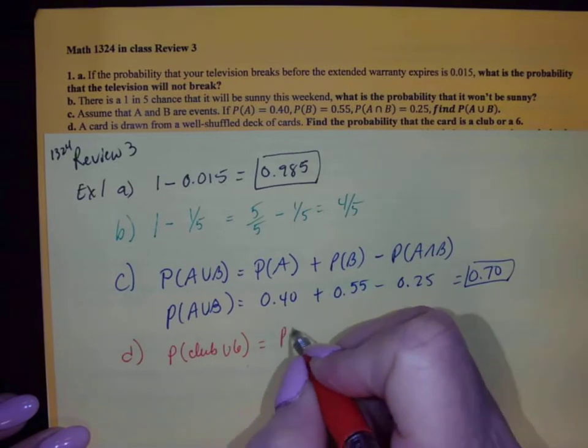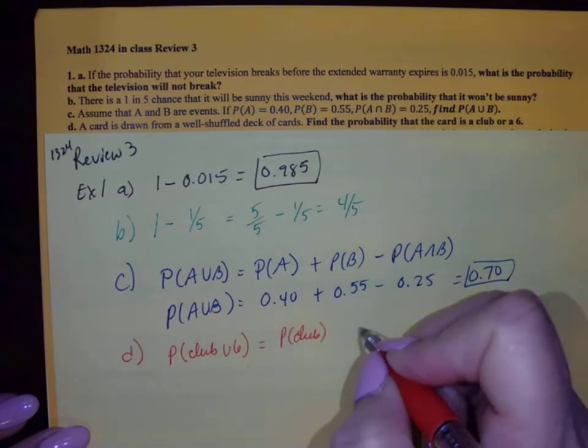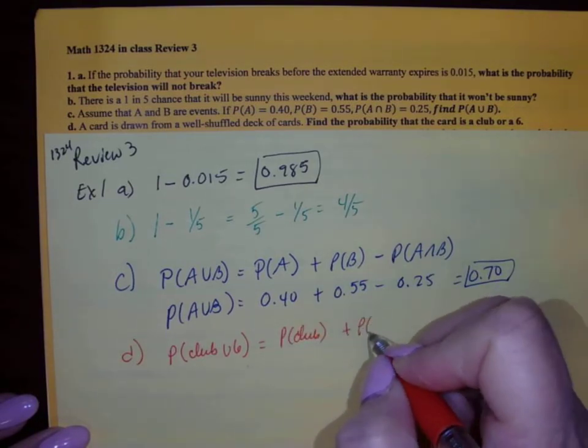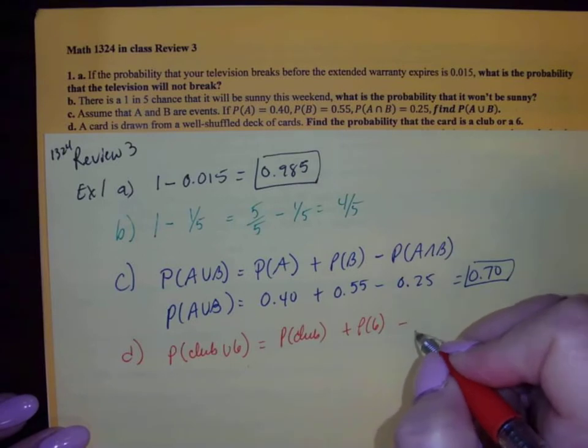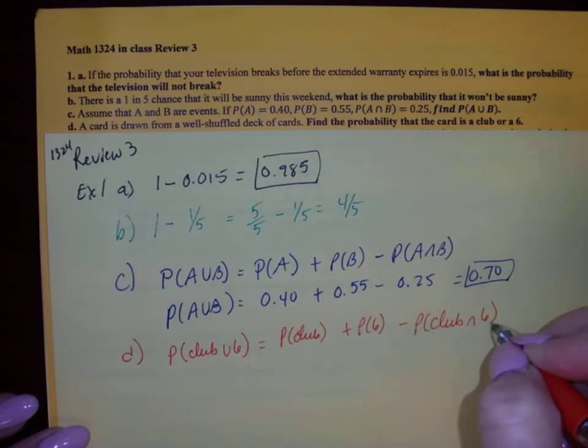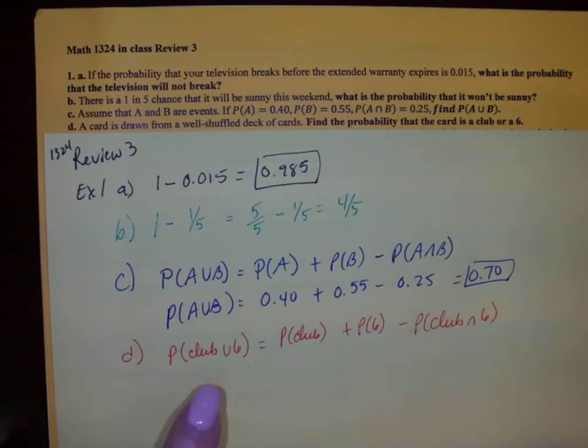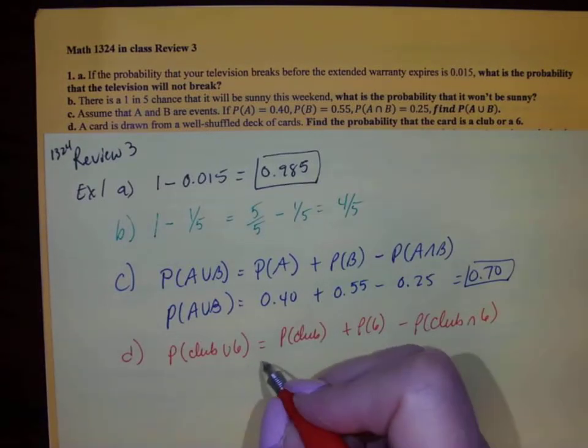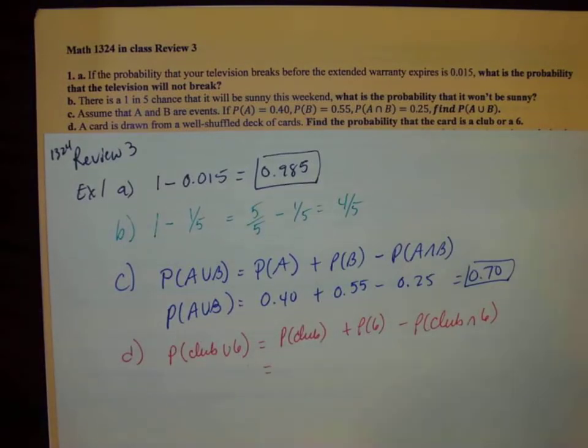So we would need the probability of a club plus the probability of a 6 minus the probability of a club intersected with a 6. So the probability of a club union with a 6 is going to be the probability of clubs.